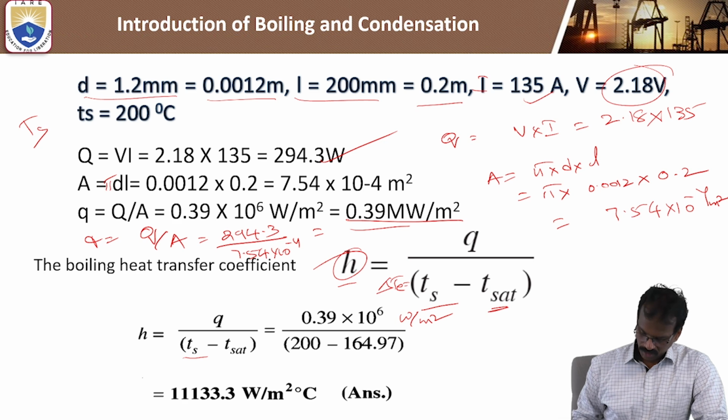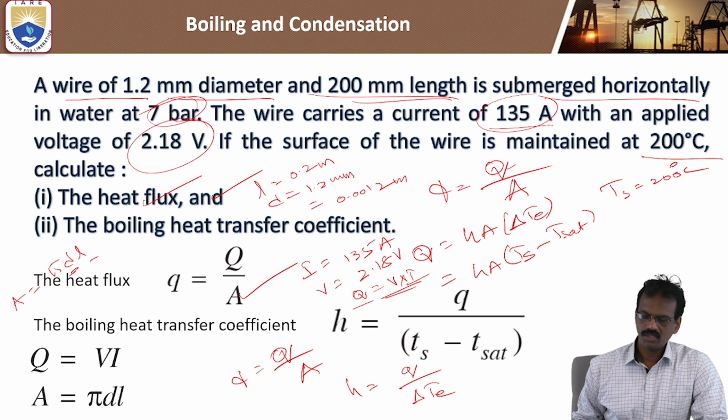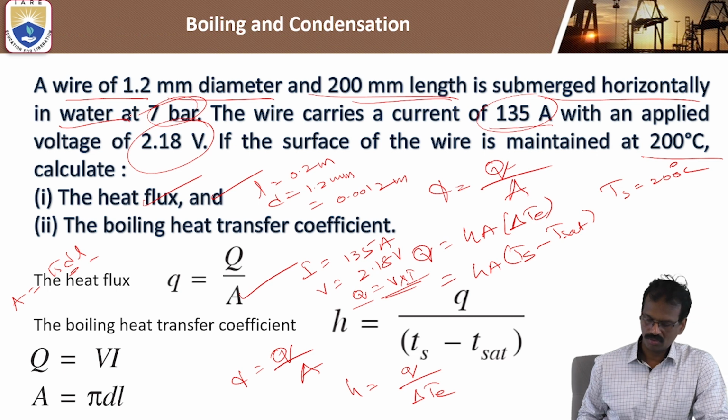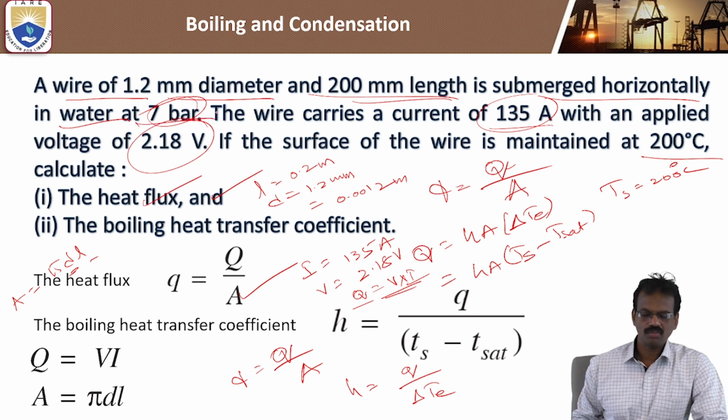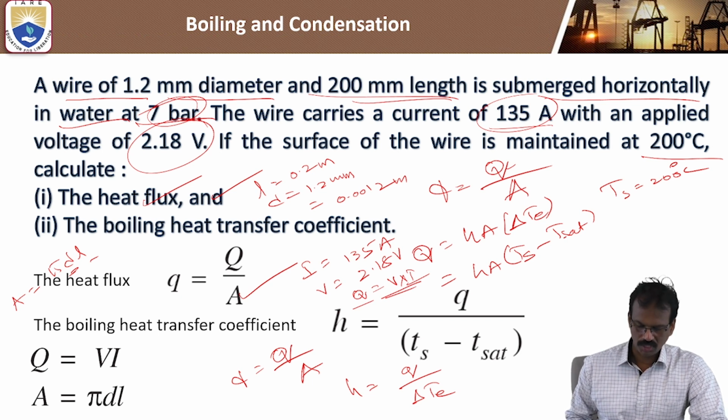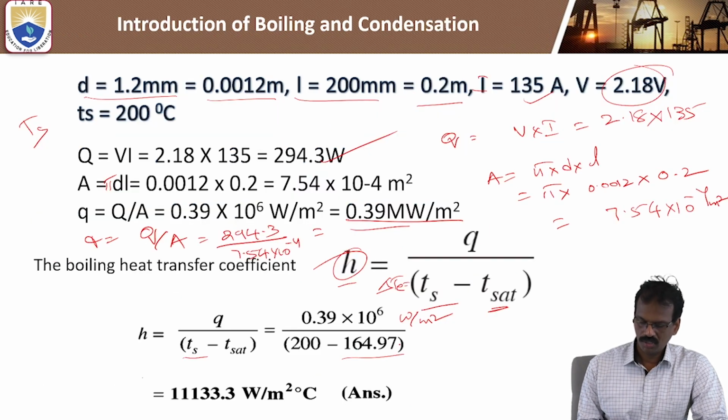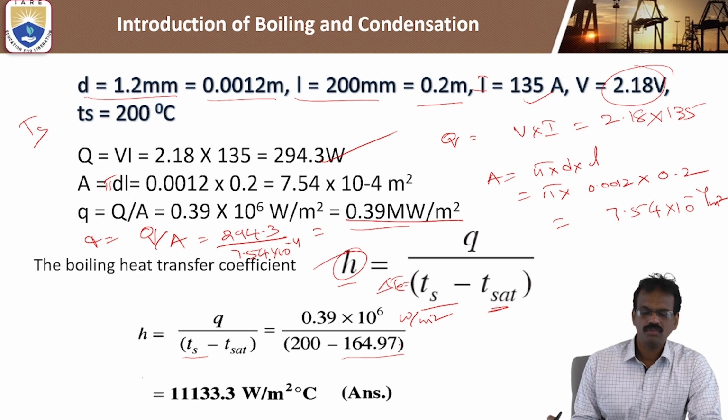So the next one is the saturation temperature. For water, you have to consider the saturation temperature at 7 bar pressure. From the data book, you can collect this one, that is the 164.97 value.